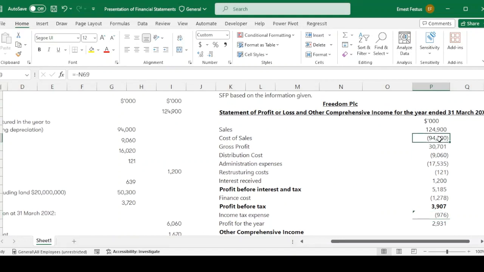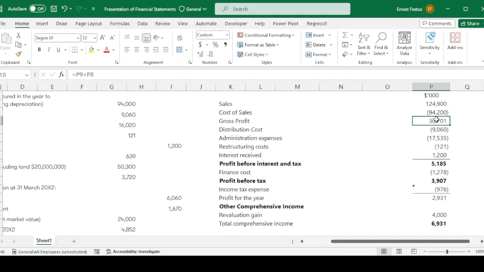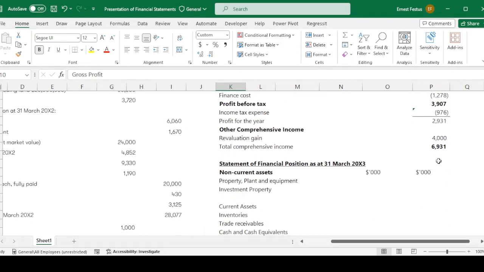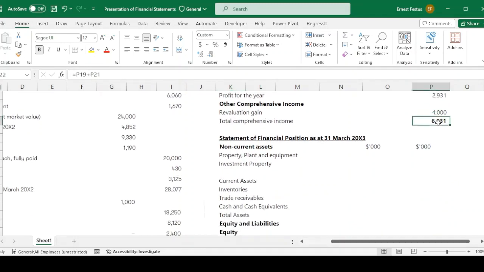Come here, insert a border. Also come here, insert a border, bolding this figure, bolding. Okay, so that is what we have for our total comprehensive income. Let me double underline that.